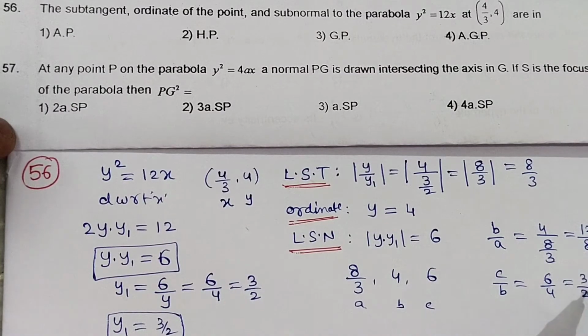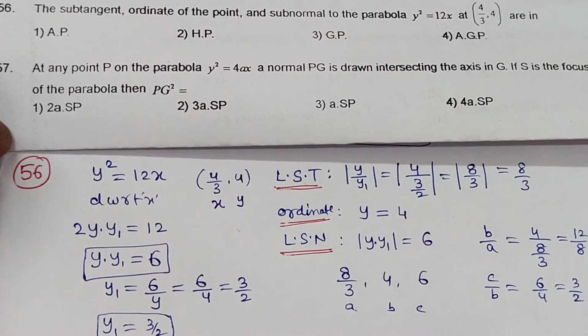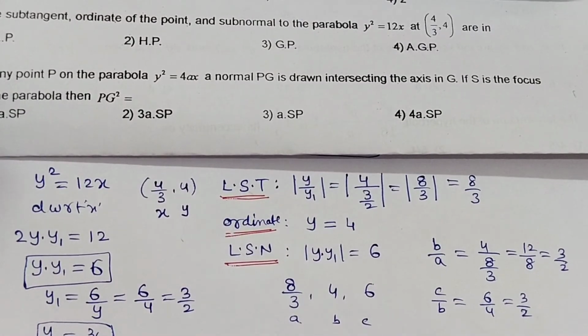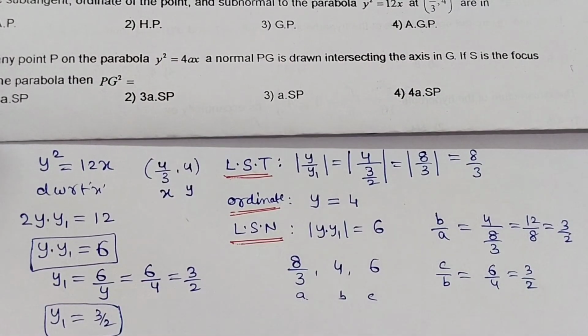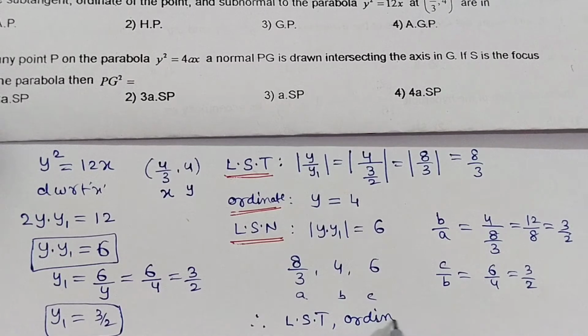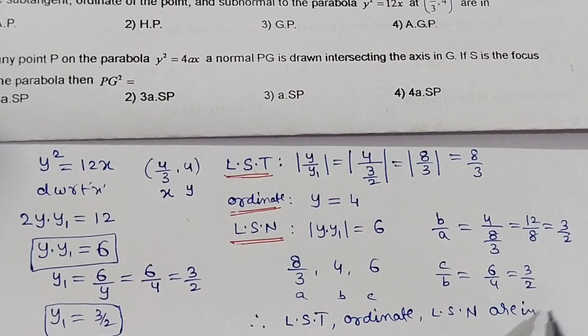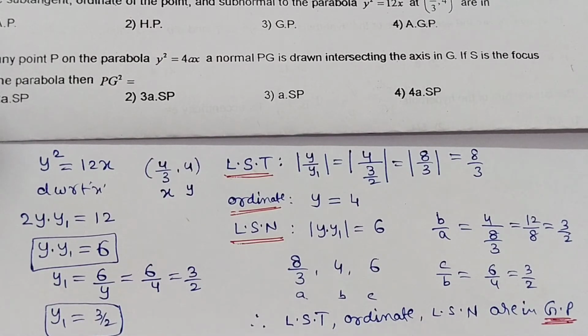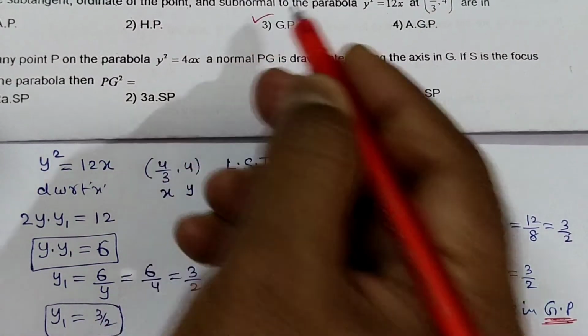Whenever common ratios are equal, we can say they are in GP. Therefore here B by A equal to C by B, B square equal to AC, means they are in GP. So LST, length of subtangent, ordinate, and LSN are in geometrical progression, GP. This is very important. This type of question they will ask, prepare, dear students. So the answer is geometrical progression.